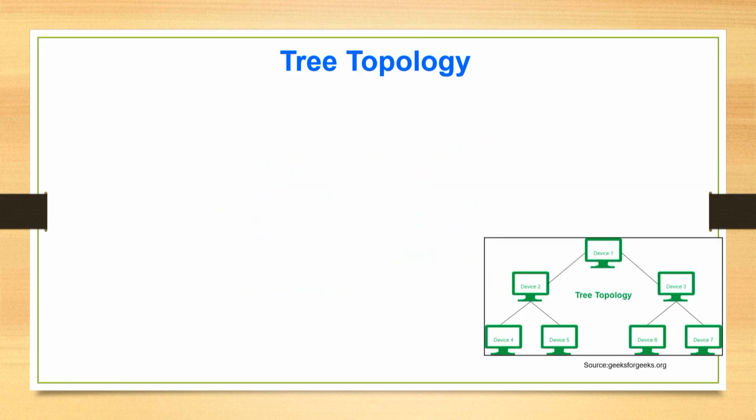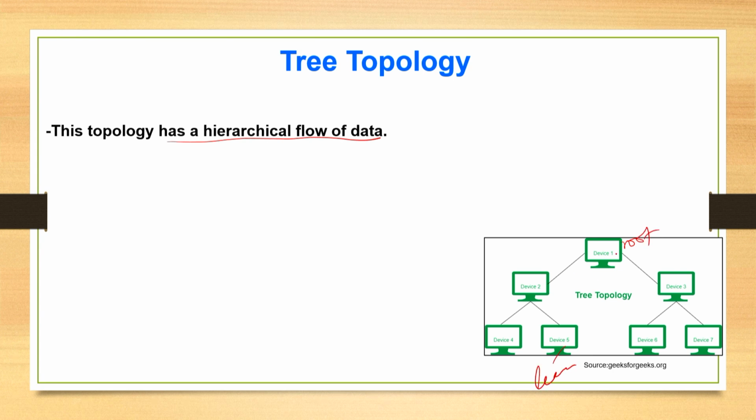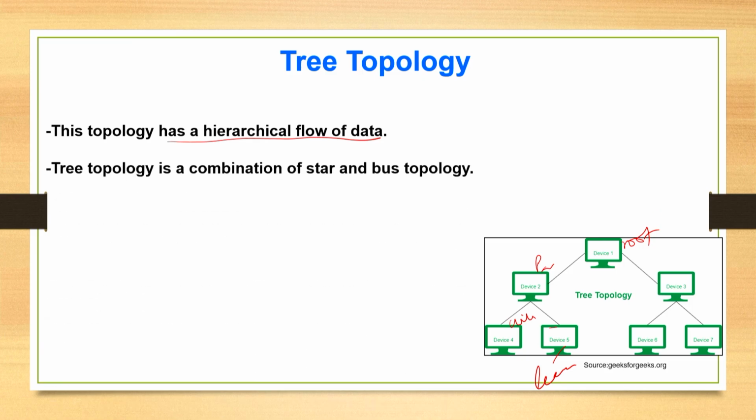So, what are the features of the tree topology? This topology has a hierarchical flow of data from root to leaf. You can say that this is the root and these are the leaves, or we say that this is the parent and these are the children. These are different types of terms that are used.